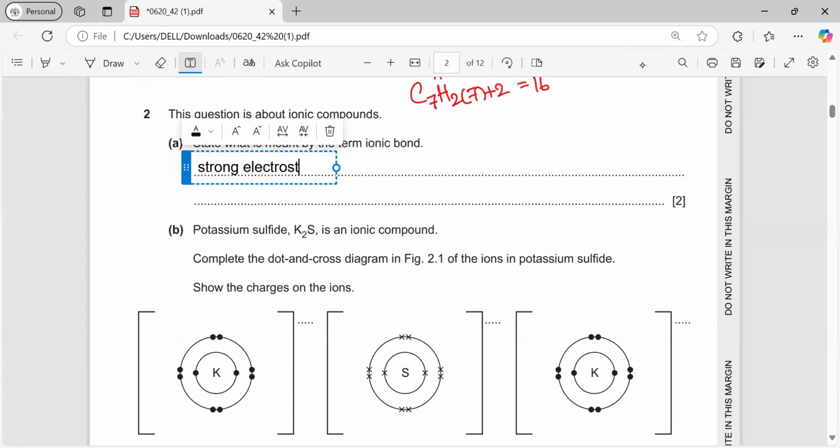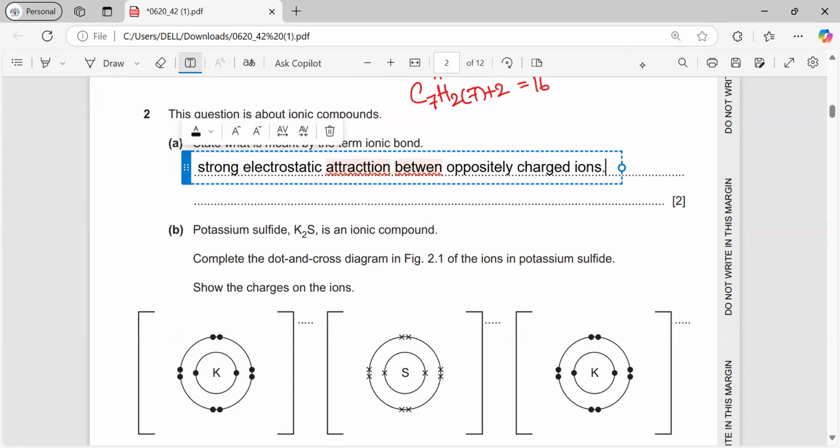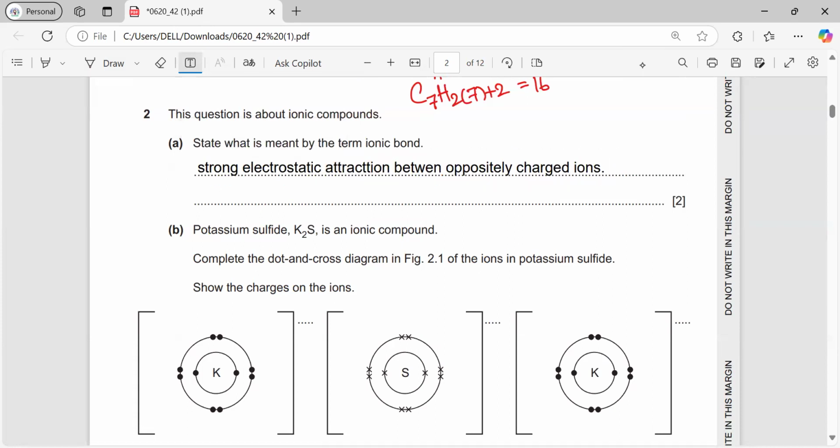So it is strong electrostatic attraction between oppositely charged ions, between the cations and the anions.